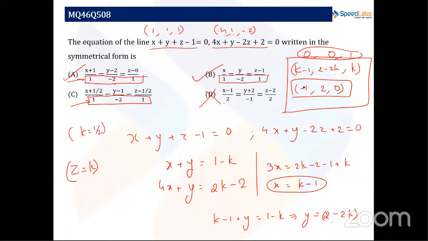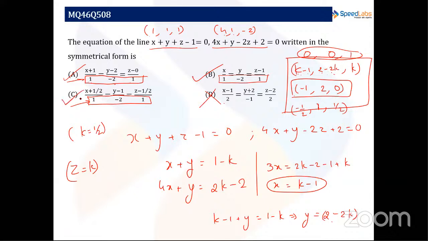So 1 by 2 minus 1 will be minus 1 by 2. This coordinate will be 2 minus 2 into 1 by 2, that will be 1, and this is 1 by 2. So any line passing through (minus 1 by 2, 1, 1 by 2)? Yes, C.